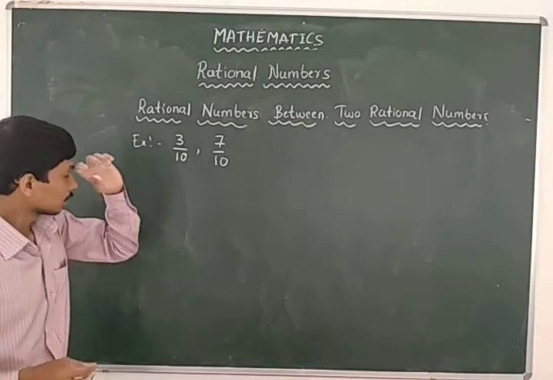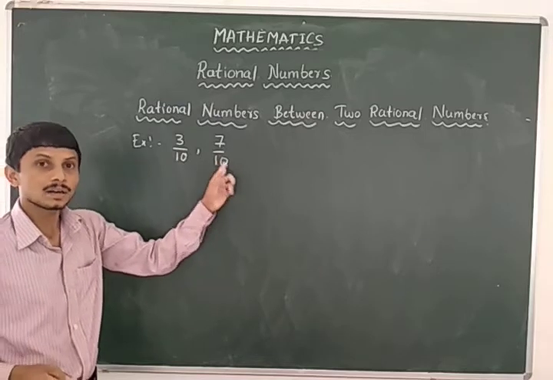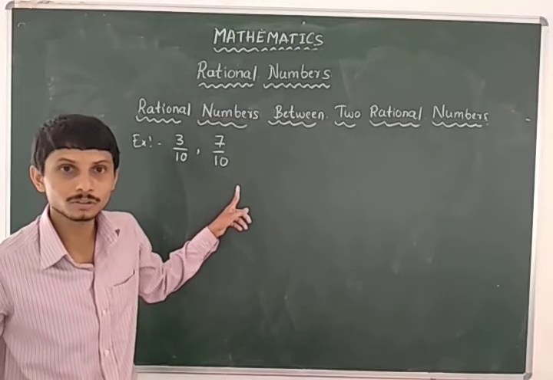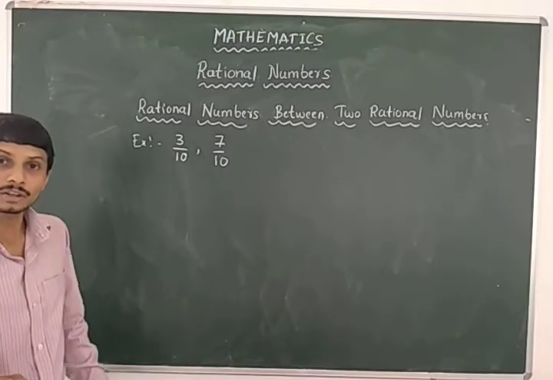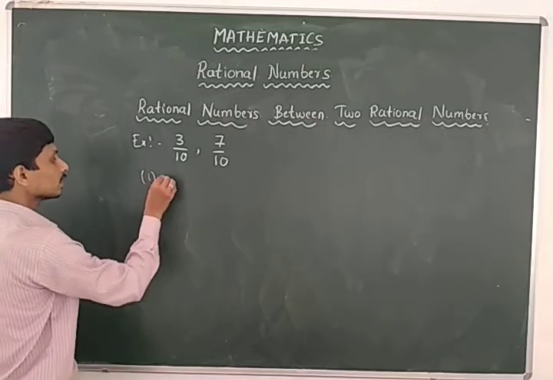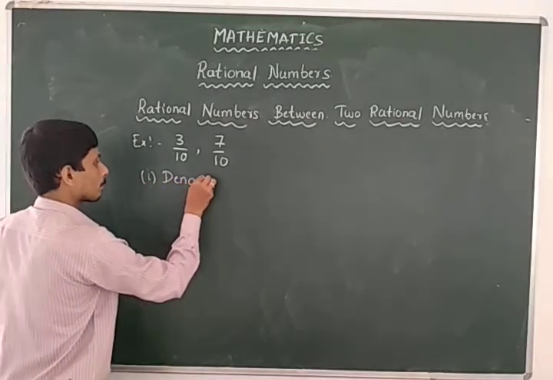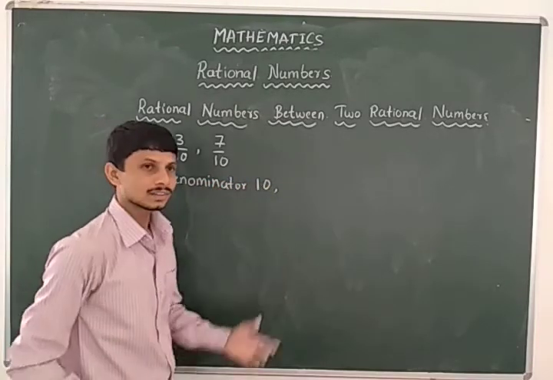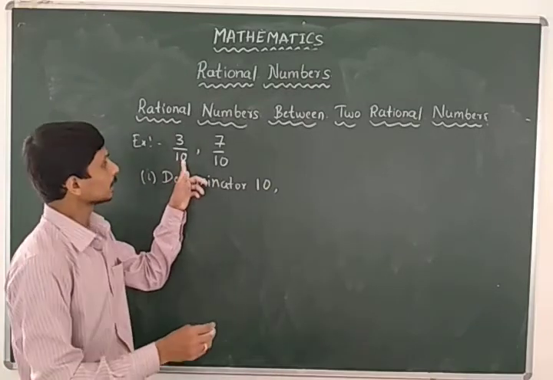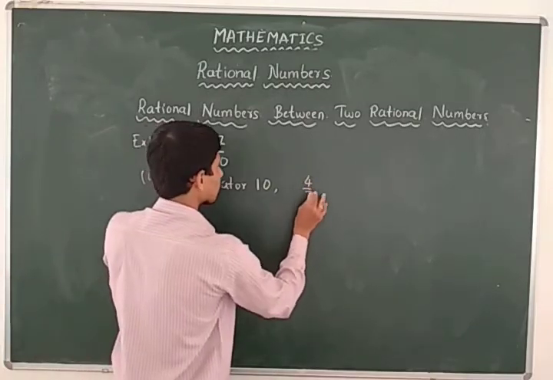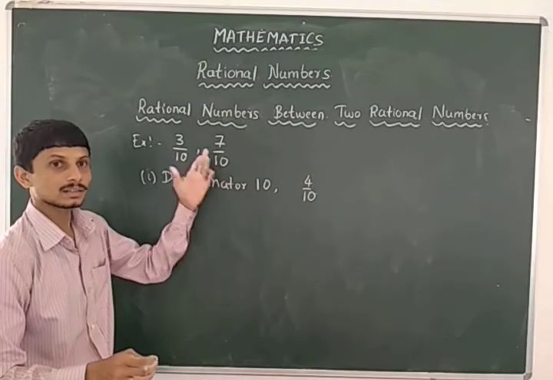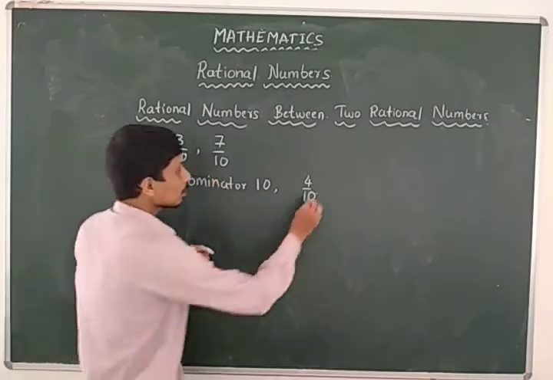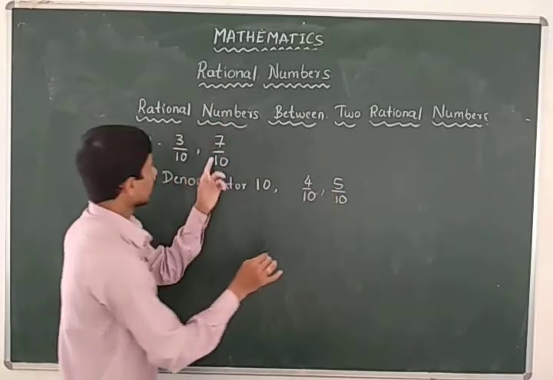So here 3 by 10 and 7 by 10 are both rational numbers because both are in the form p by q, where p and q are integers and q is not equal to 0. So we consider the denominator as 10. We get rational numbers like 4 by 10 between 3 by 10 and 7 by 10, also 5 by 10 and 6 by 10.